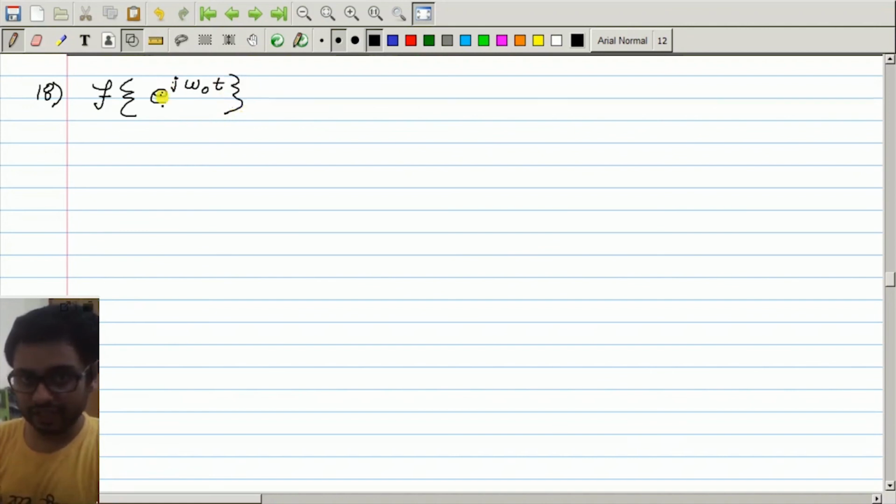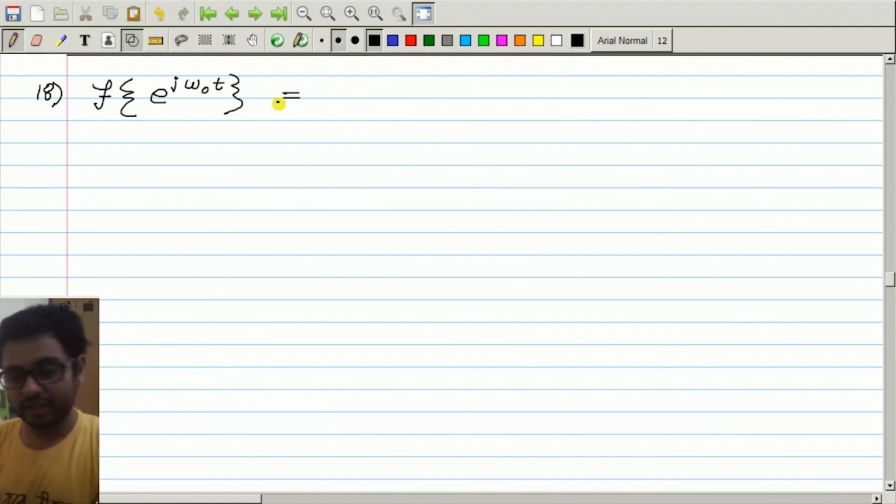This is a function of time t. Omega naught is a constant. So we have a periodic complex exponential signal whose Fourier transform is to be calculated. This is easy to do.